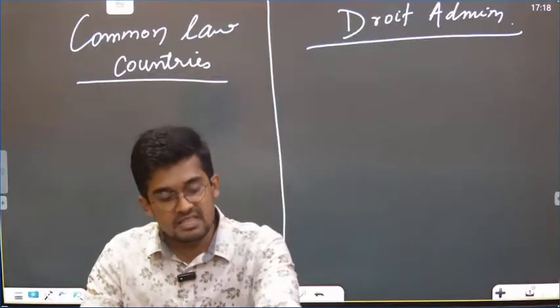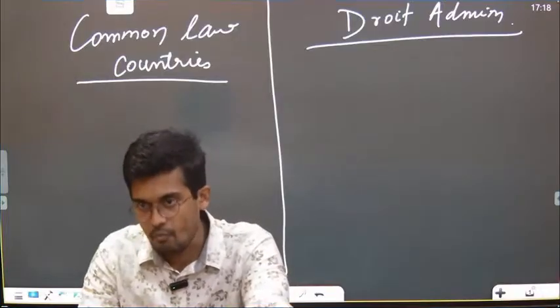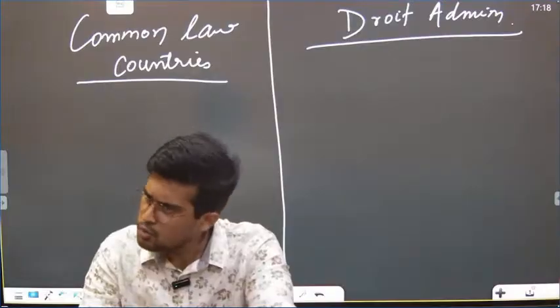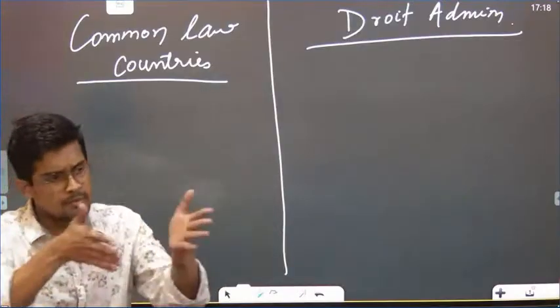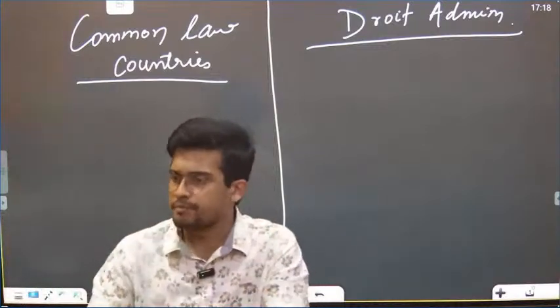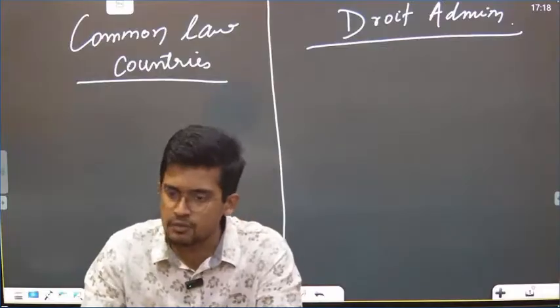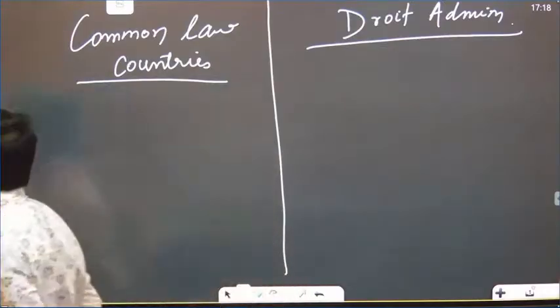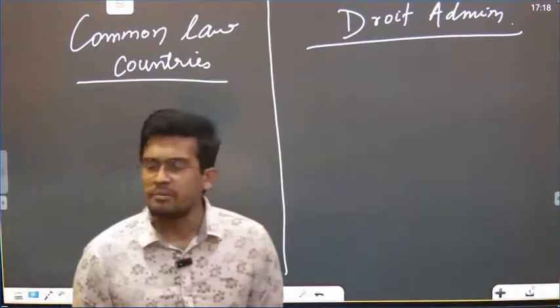There is no different set of laws for government servants and normal citizens. The same laws apply to you, a government servant, a police officer, everybody. That is why it is called common law. Common law countries are UK, India.